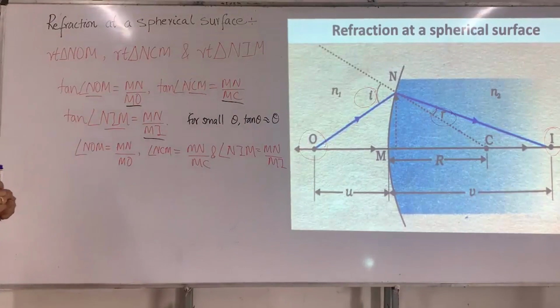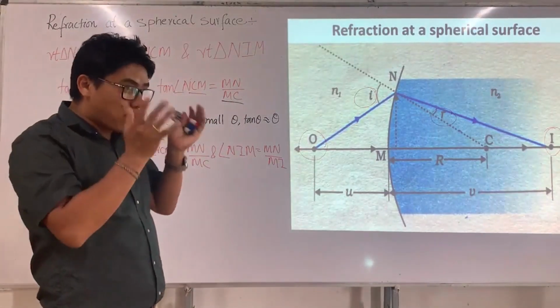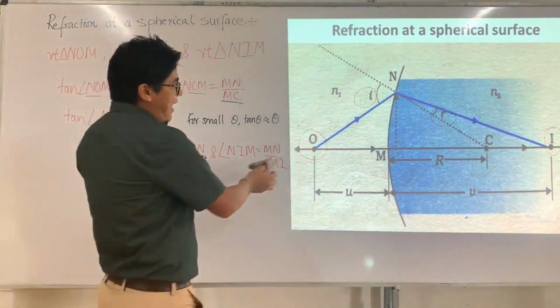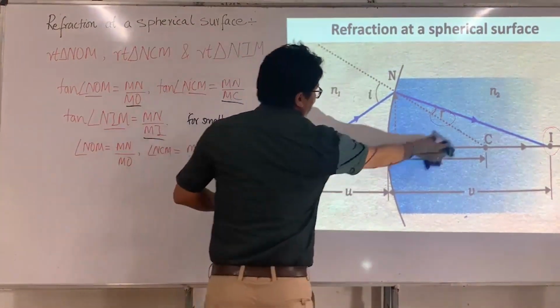So these are them, right? Now again what I'm going to do is I'm going to use geometry again, the concept that you have studied in class 10, exterior angle and interior angle, right?